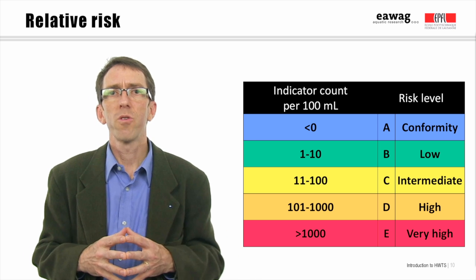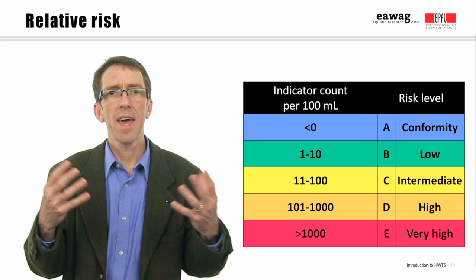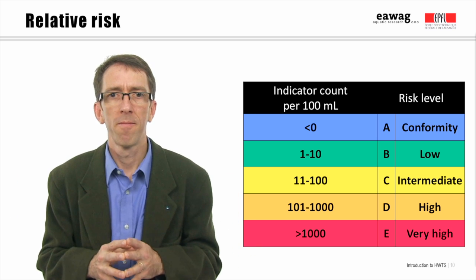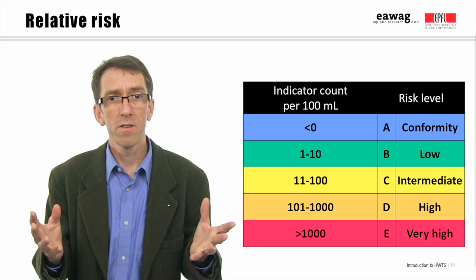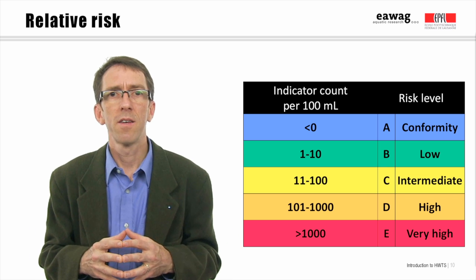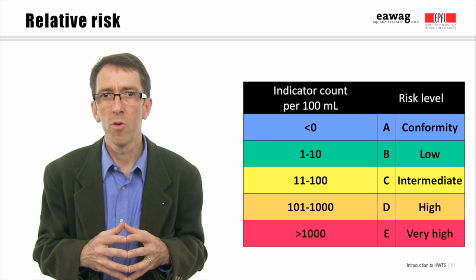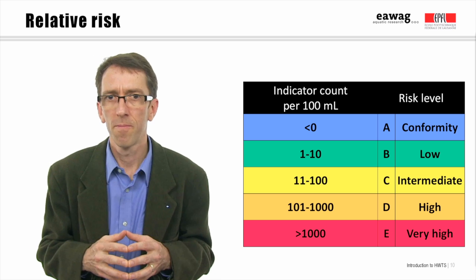Indicator bacteria are usually reported in terms of the number of counts or colonies in a 100 milliliter sample. Many drinking water standards and WHO guidelines are set to be no detectable E. coli or thermotolerant coliforms in a 100 ml sample.